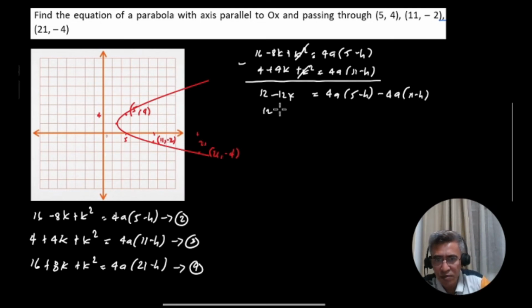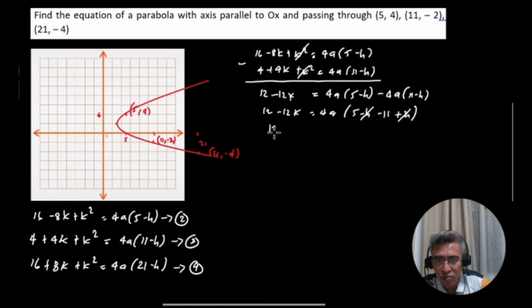And simplify, 12 minus 12k, extract 4a, and 5 minus h minus 11 minus negative h, that's positive h. And cancel out negative h and positive h.